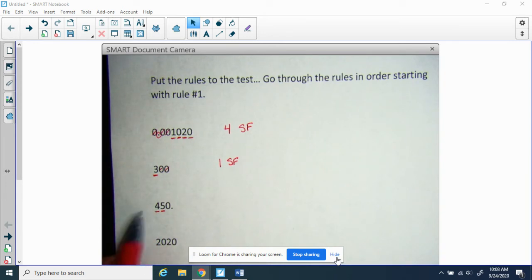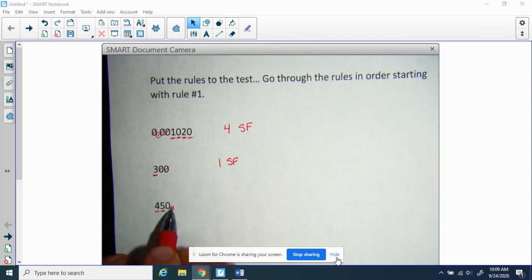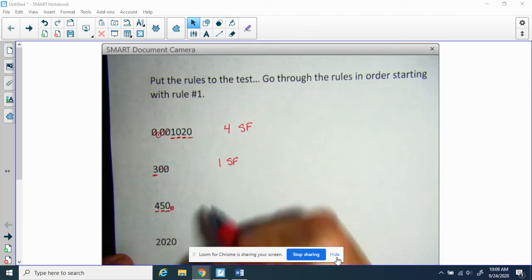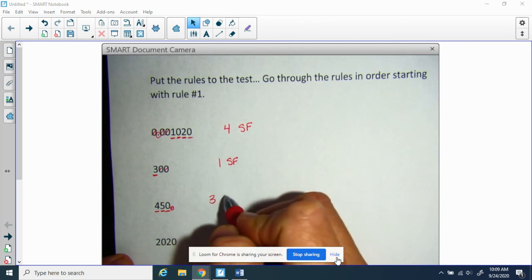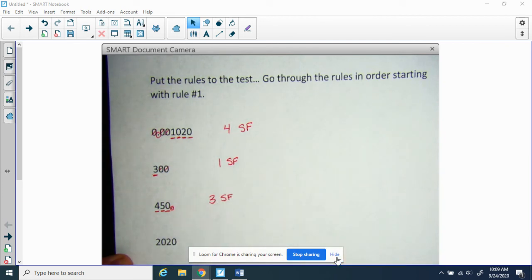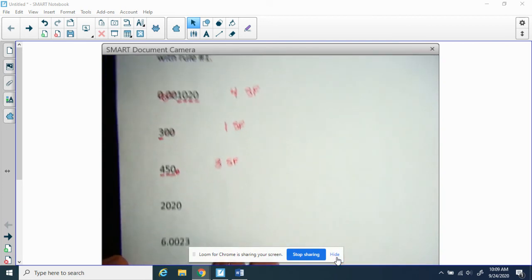There are no zeros in front, so I move on to rule number 3, which is a trap 0. There are no zeros in between, so it must be rule number 4, a trailing 0. That 0 is at the end. It depends if there's a decimal, so if I read left to right, I do see there's a decimal. That means this 0 does count. This number, the way it's written, would have 3 significant figures.